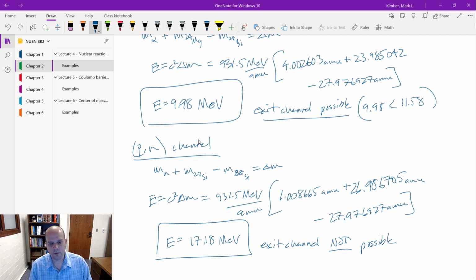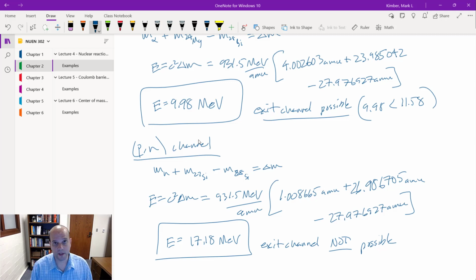But the question is, what would I need to do in order to make that possible? Right now I haven't given any energy to the projectile, to this proton. I'm just assuming that the proton and the aluminum-27 come in close proximity and somehow magically combine and become silicon-28.